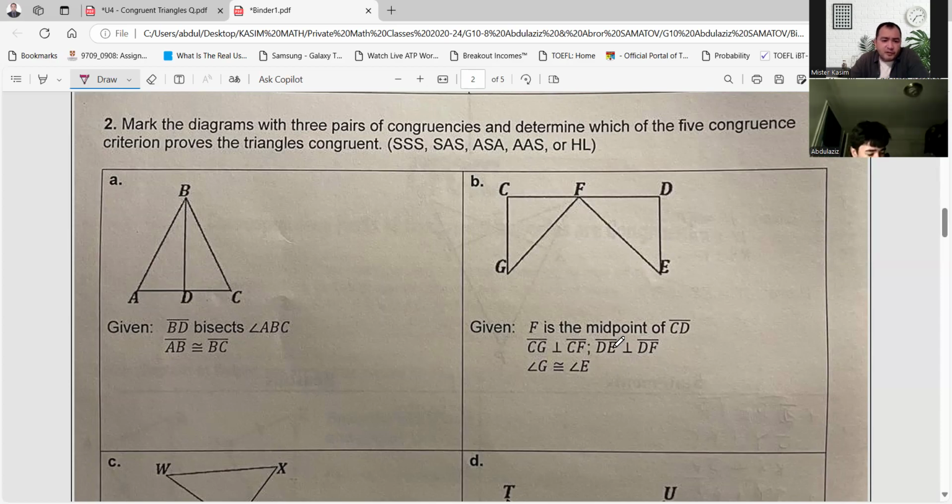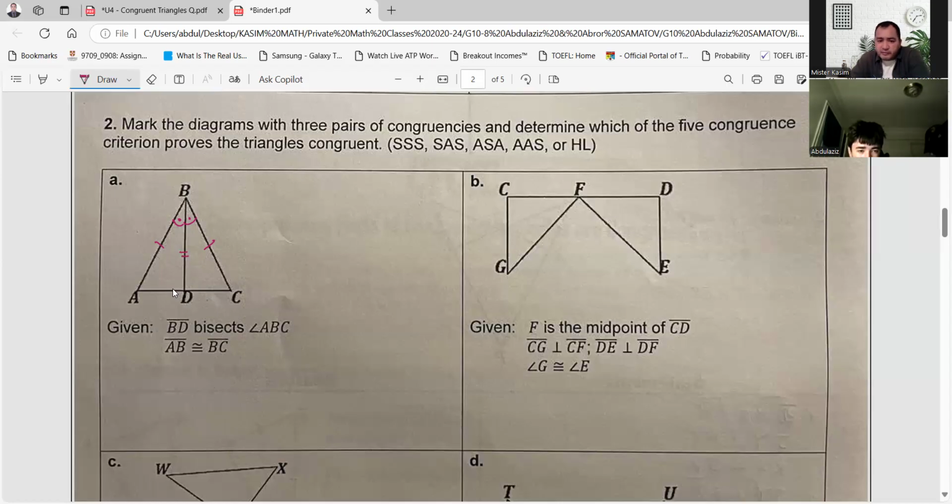Okay, the first one, for example: BD bisects angle ABC, right? So angle ABC bisects means that this angle is congruent to this angle, right? And AB is congruent to BC. So let me just write here, AB is congruent to BC, right? And how about BD?